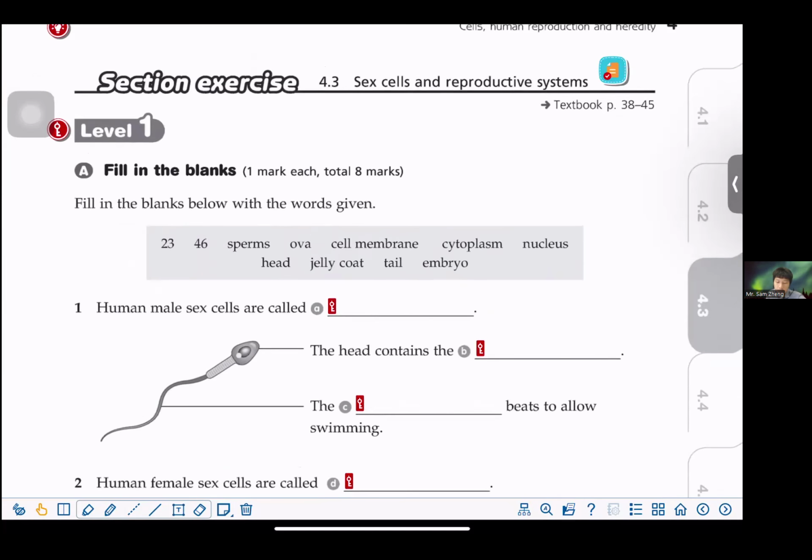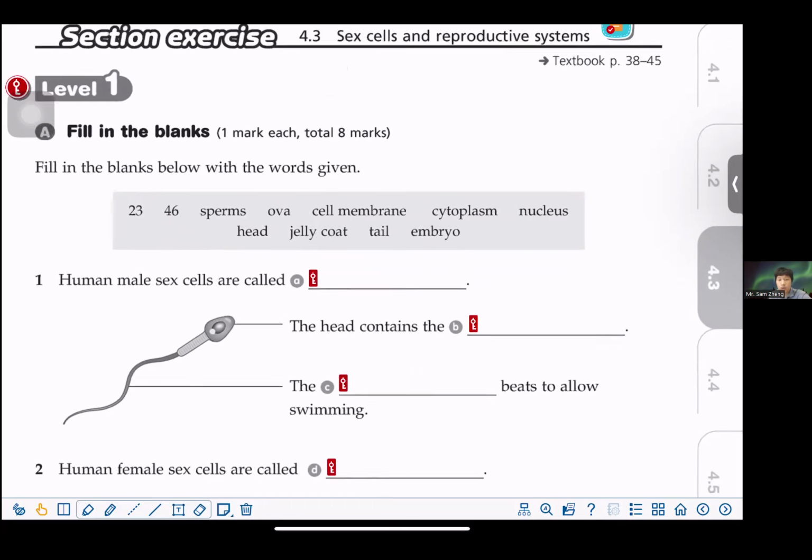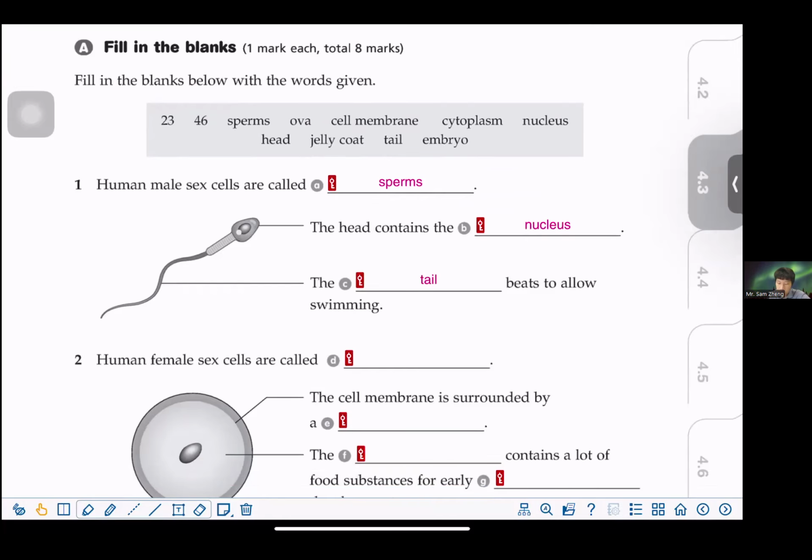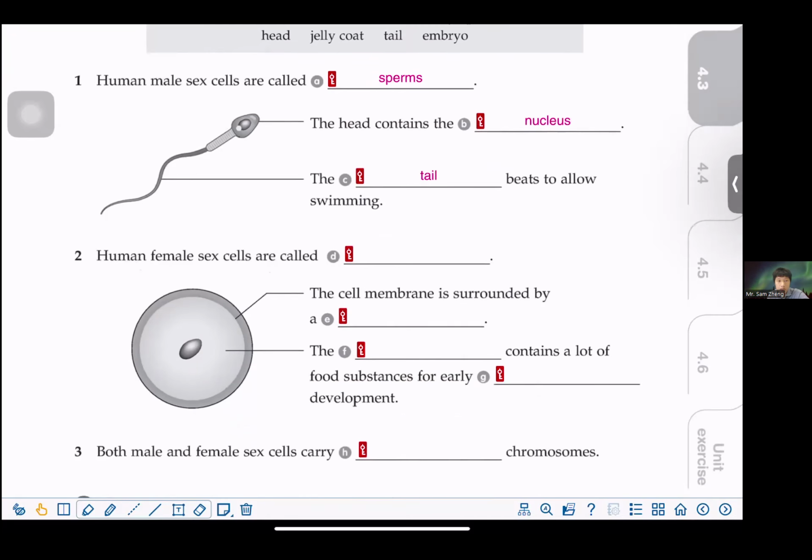So next, for the sex cells and also the reproductive system, the human sex cells are called the sperms, okay? So the head contains what we call the nucleus, and the tail will beat to allow swimming. Next, human female sex cells are called the ova or the ovum. Next, the cell membrane is surrounded by what we call a jelly coat.